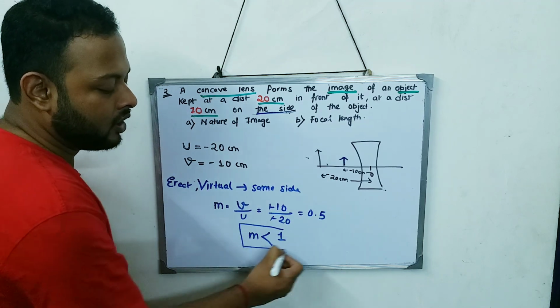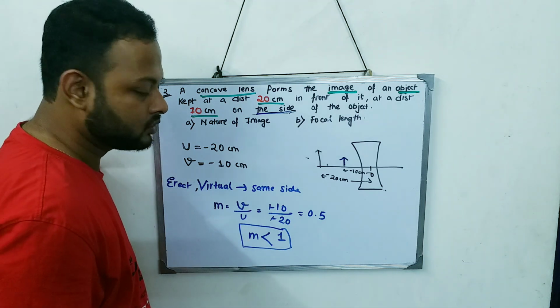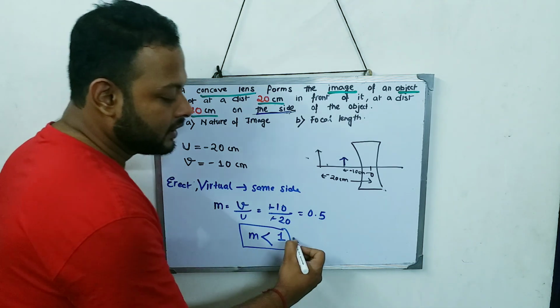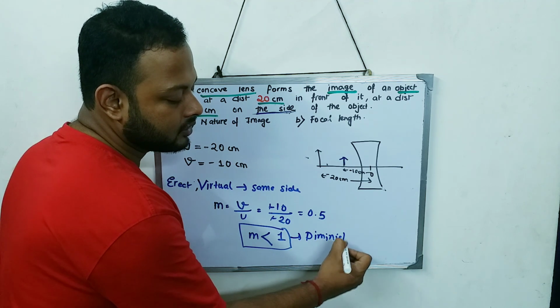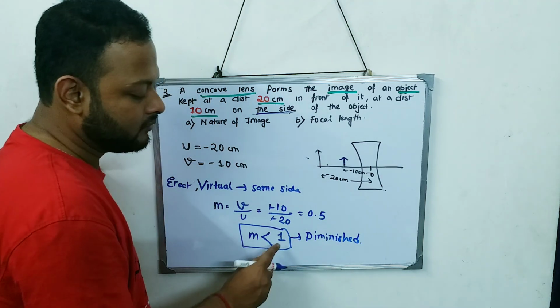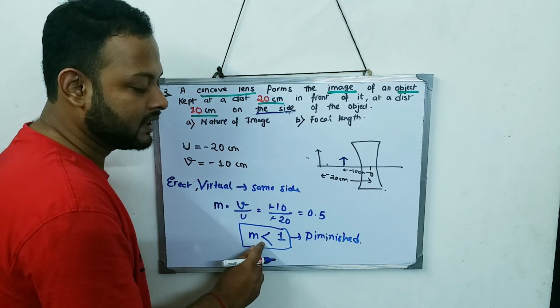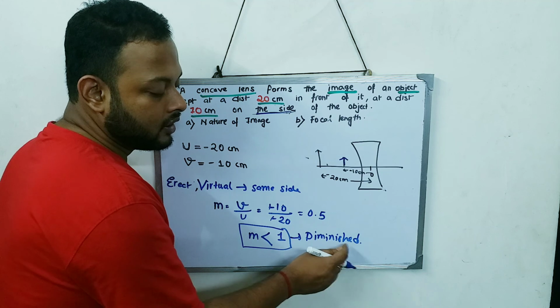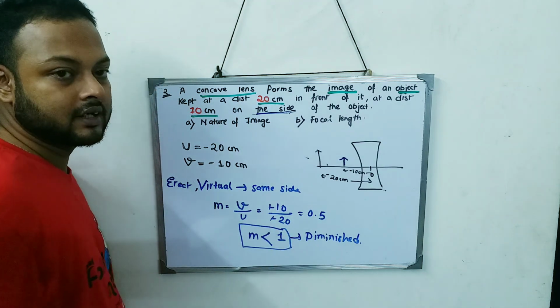As the value of m is less than 1, you should understand that this is diminished, because if the m value is more than 1, then it is magnified. Since I am getting m as less than 1, the nature is erect, virtual as well as diminished.